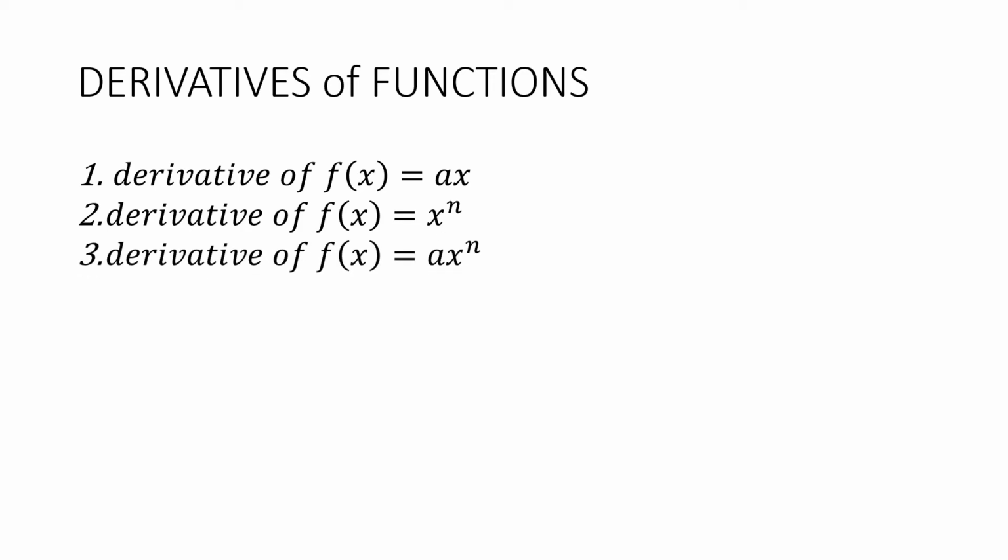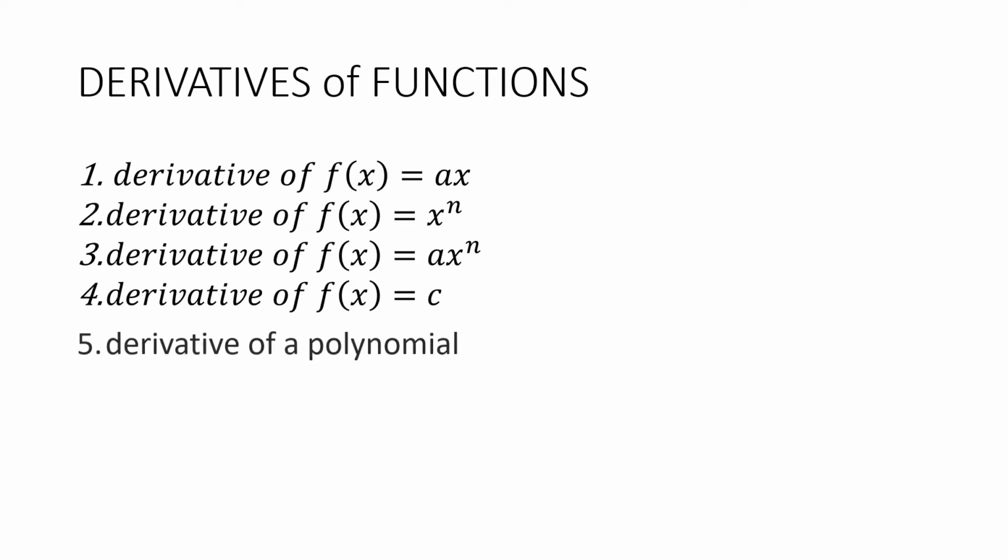Derivative of f of x equals ax raised to n. The derivative of f of x equals c, or the derivative of a constant. And lastly, the derivative of a polynomial, which is simply getting the derivative of each term. If you haven't seen yet the part 1 of this lesson video, the link can be seen in the description of this video.